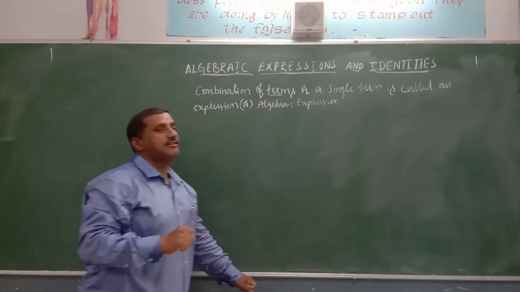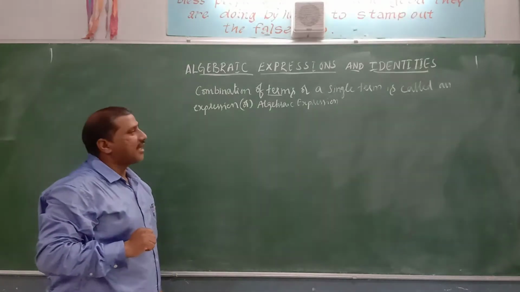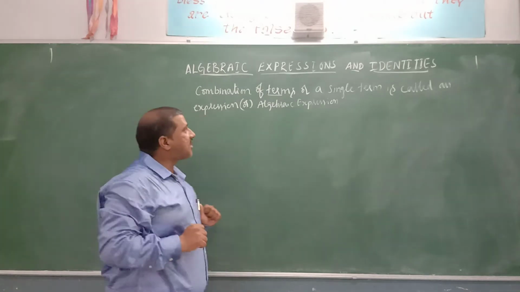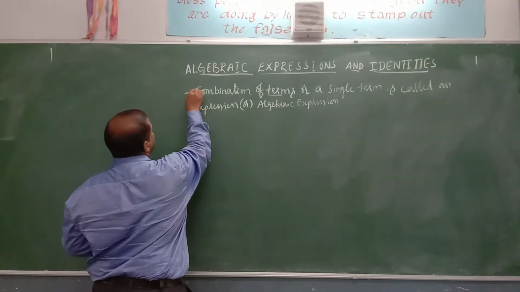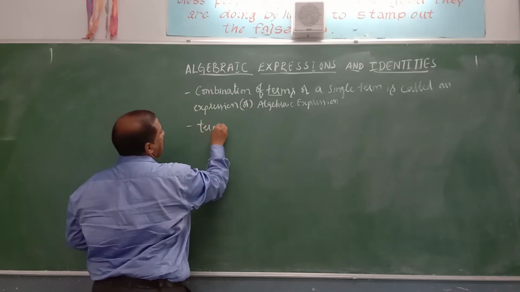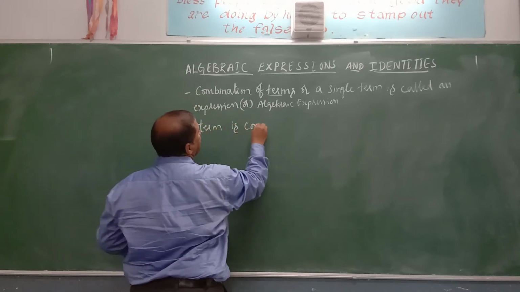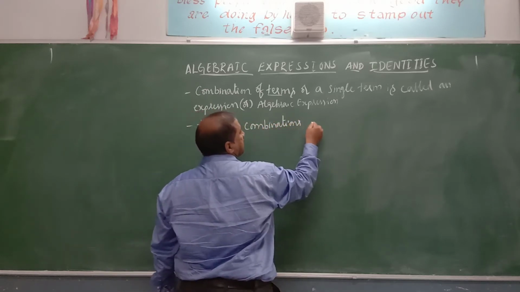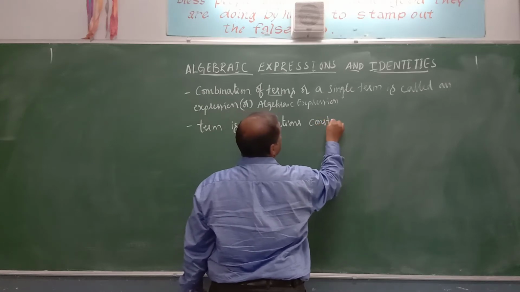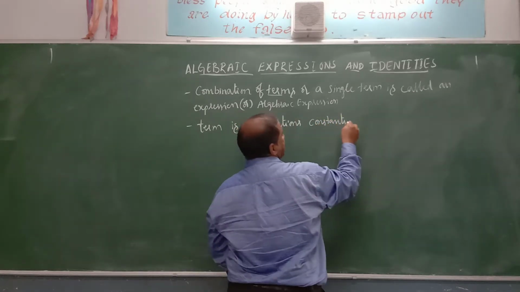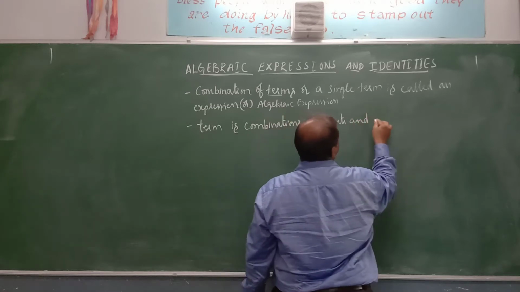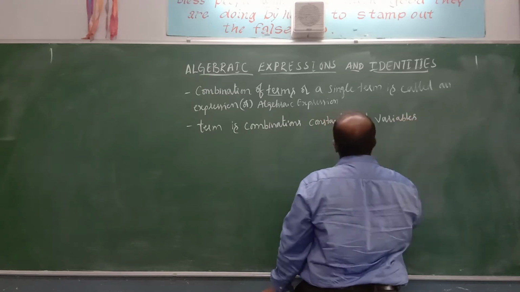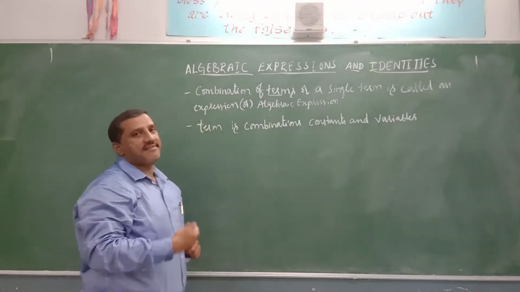Now, as I told you, a combination of terms or a single term. What do you mean by a term? A term is formed with some numbers, called constants, and variables. A term is a combination of constants and variables, or simply constants, or simply variables.